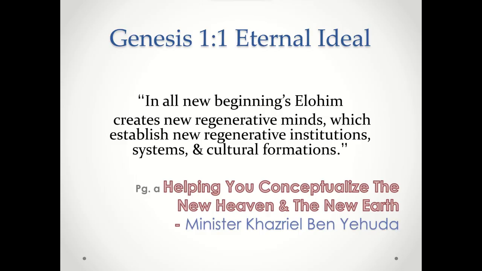And from there, they can establish his institutions. And it's very important that we comprehend this from the eternal idea, because you can read Genesis 1:1 and just think it's literal. Because in Genesis 1:1, it states, in the beginning, God creates heaven and earth. And then you would think, okay, he's just talking about the creation process.